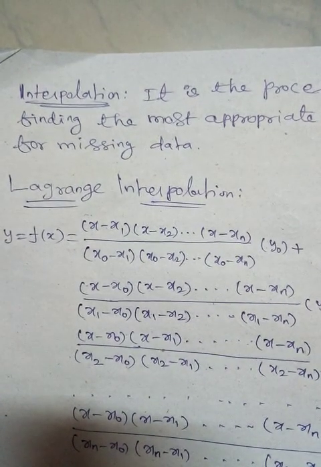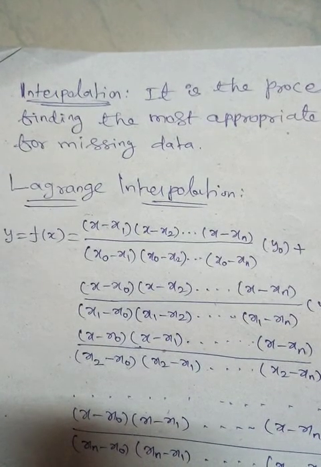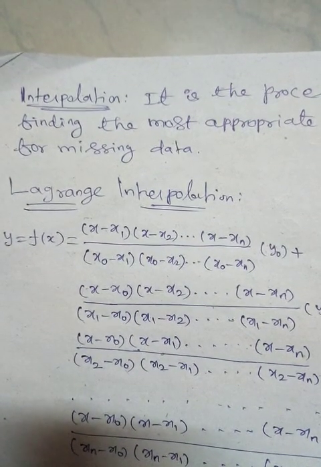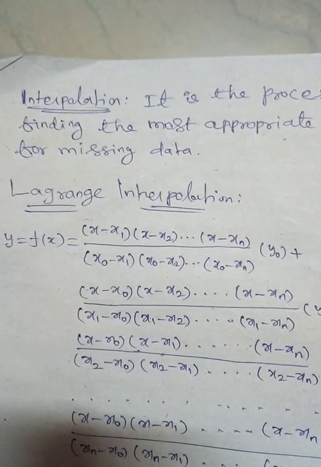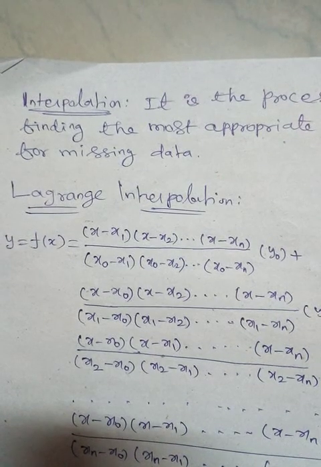So here we are given x and y. So there are two things we are given. Here we are going to find y, that is f of x. So x values we are given, y values we are given.